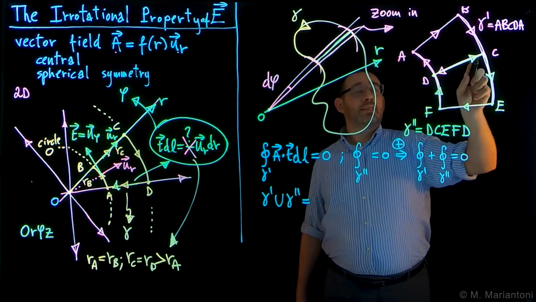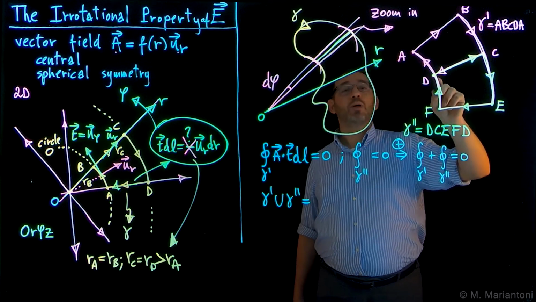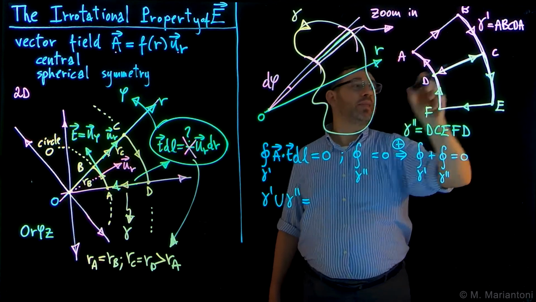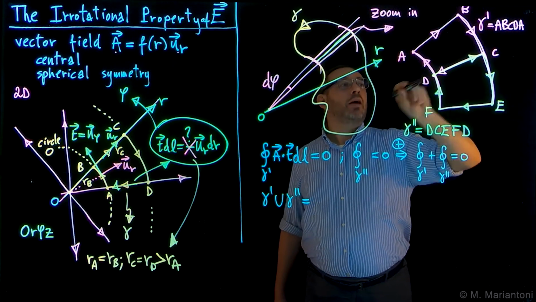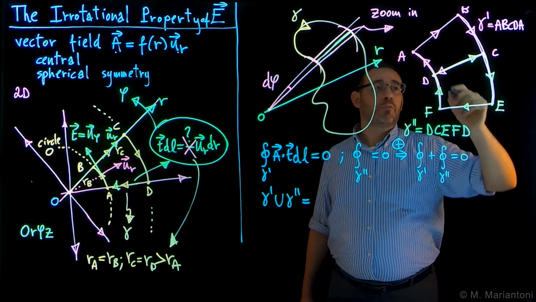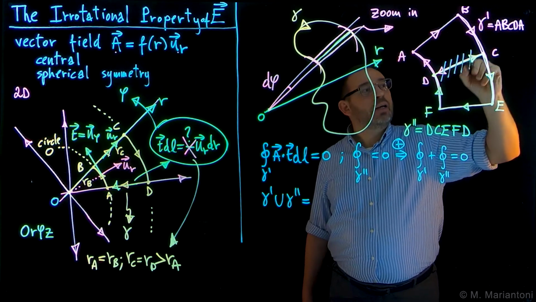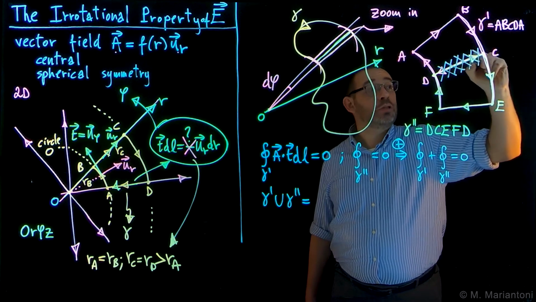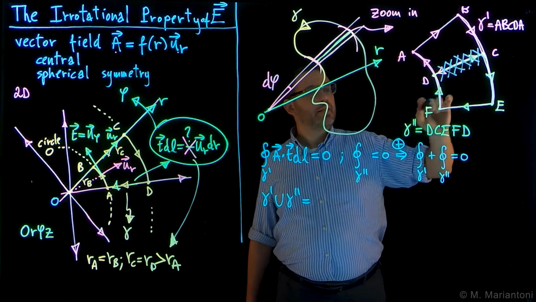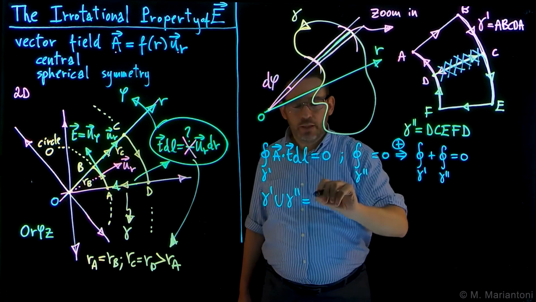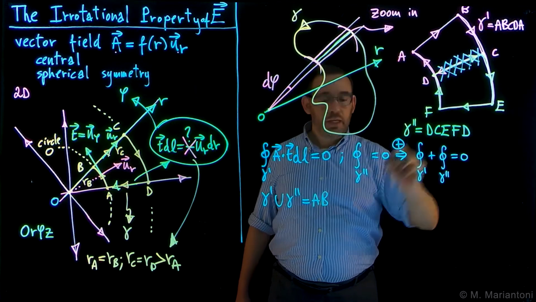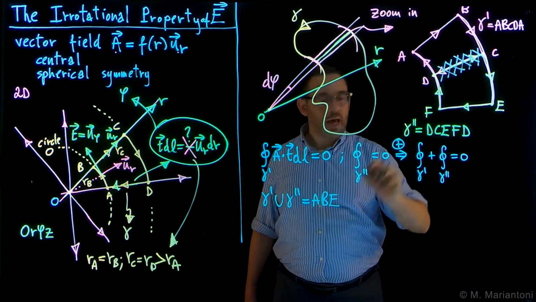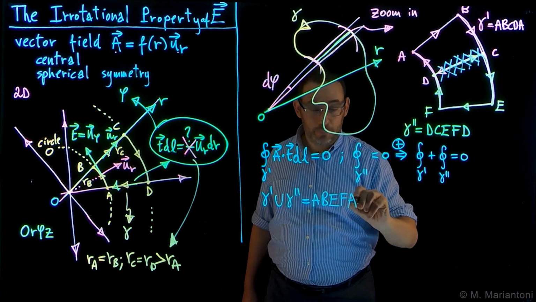But this line, DC, belongs to both, and we walk over this line one time in this direction and one time in the opposite direction. So we go in this direction for gamma prime, and we go in the opposite direction for gamma double prime, which means this line effectively doesn't count when we do this union. And so the union of these two lines effectively is from A to B to E to F back to A. Okay?